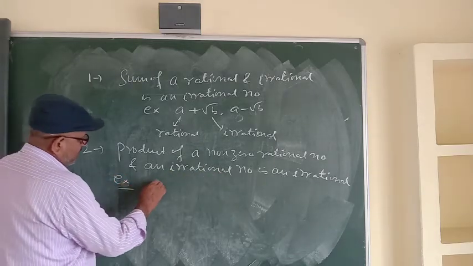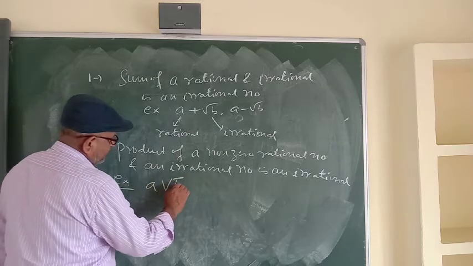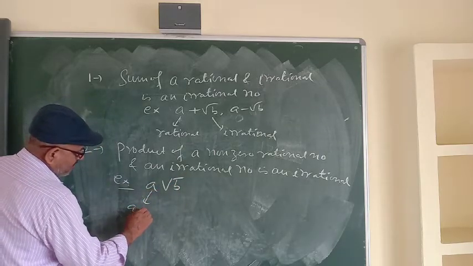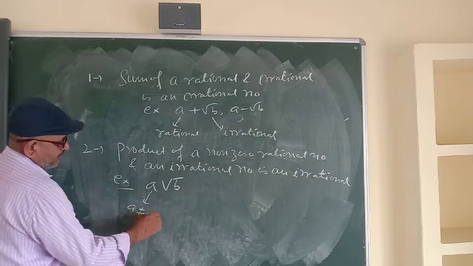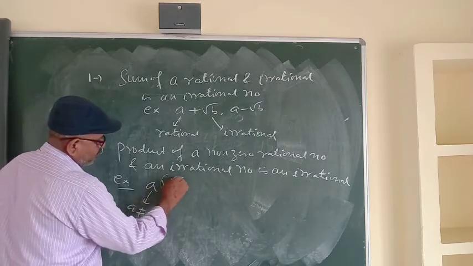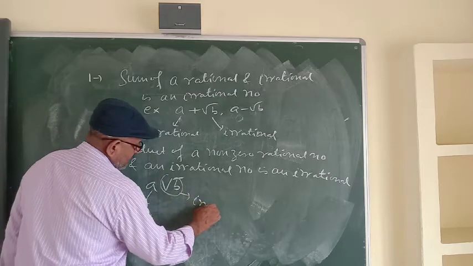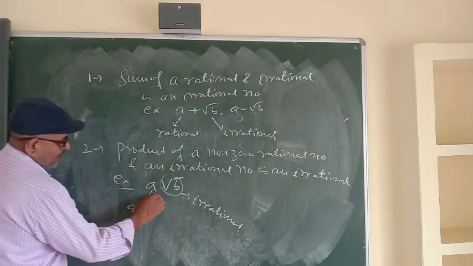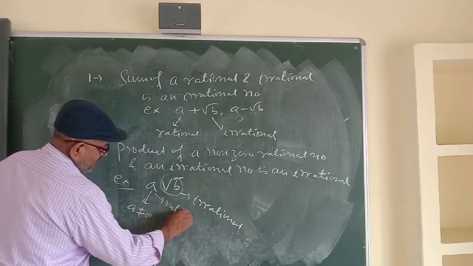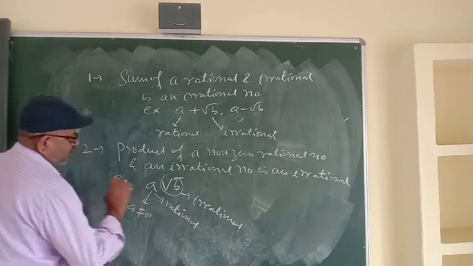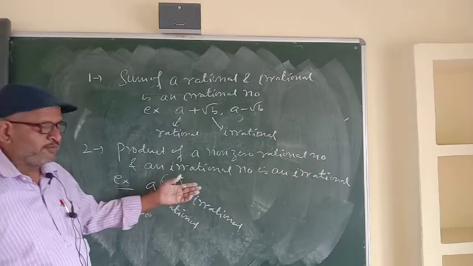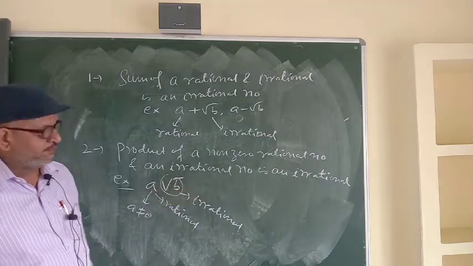Example, we can take a root b, where a is not equal to 0. Root b is irrational and a is rational, but it is a non-zero rational. If a were 0, then 0 times root b would be 0, and 0 is a rational number.